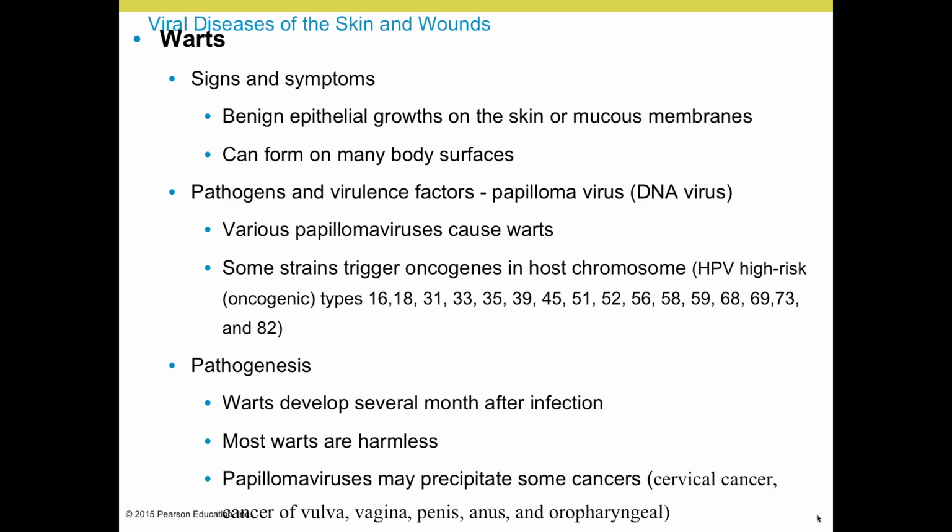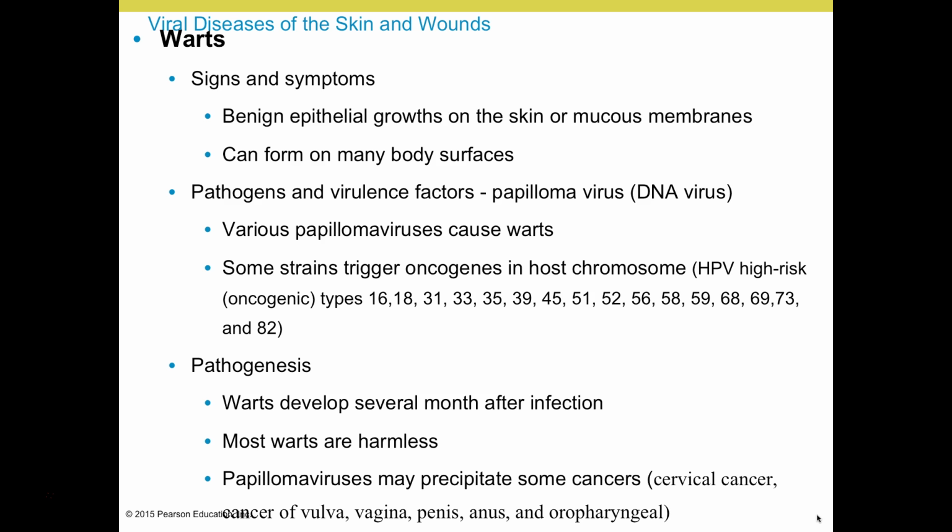Warts, HPV. Okay, HPV, the papillomavirus. There are different types of HPV that can cause this. As you can see, there are so many strains that some of them can even lead to cancer. How do you know if you have warts?